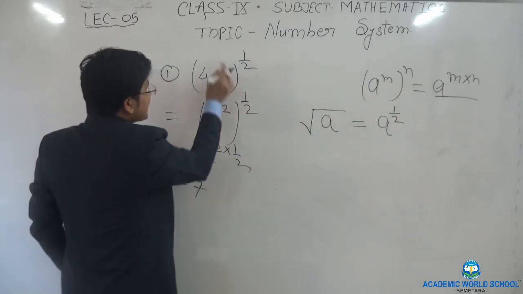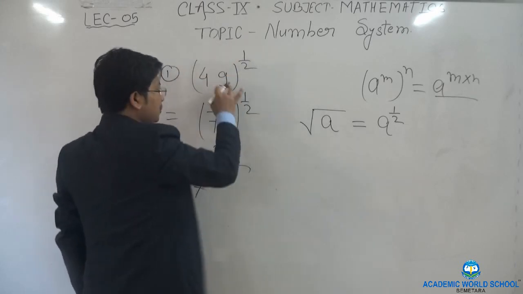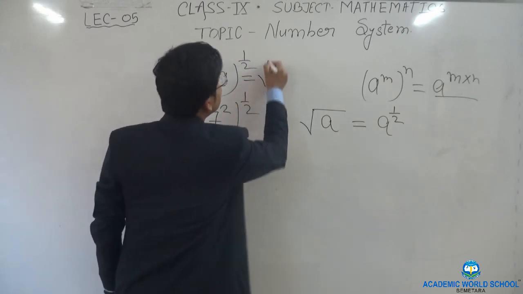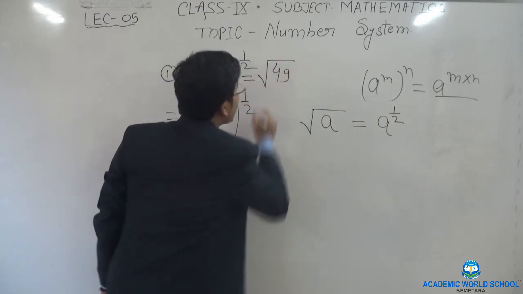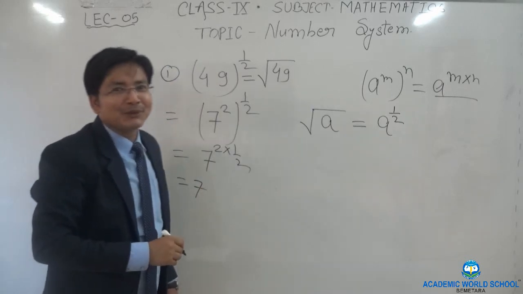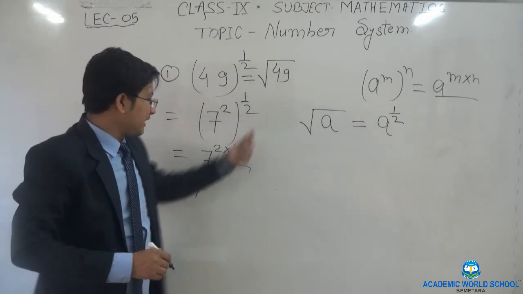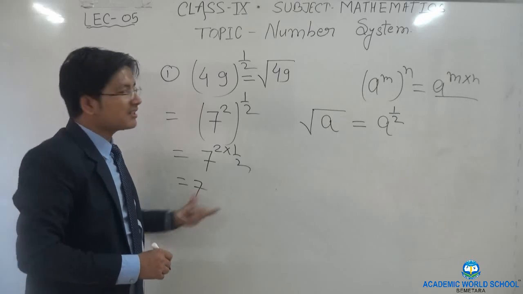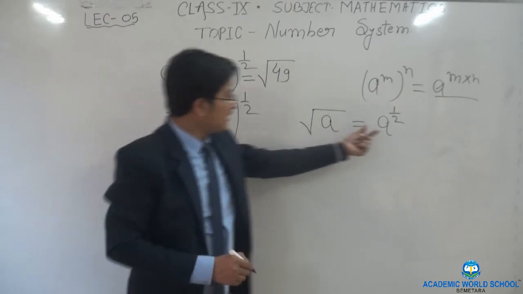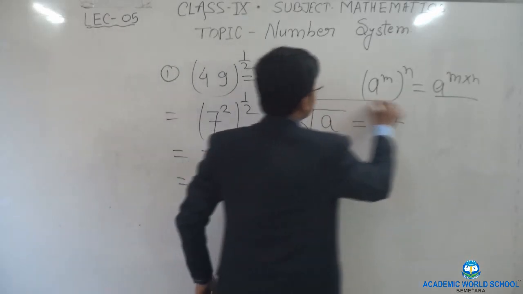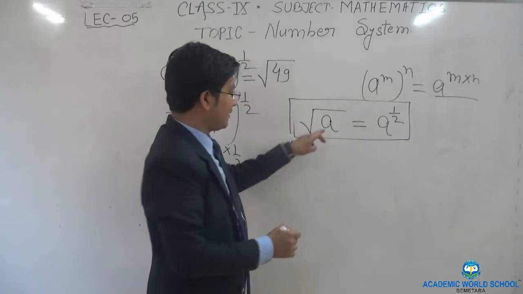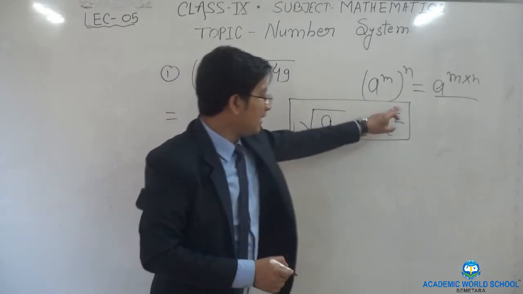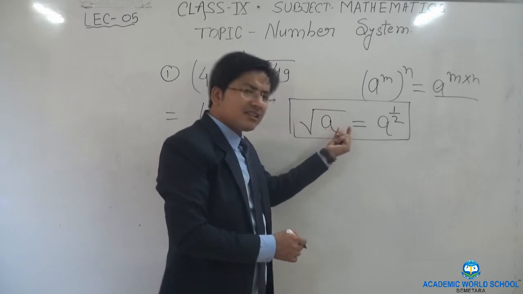So if it was written 49 to the power 1 upon 2, it simply means the square root of 49, and we know that the square root of 49 is 7. That is why our answer is 7. So if I am writing a to the power half, or I am writing root a, it is the same thing.